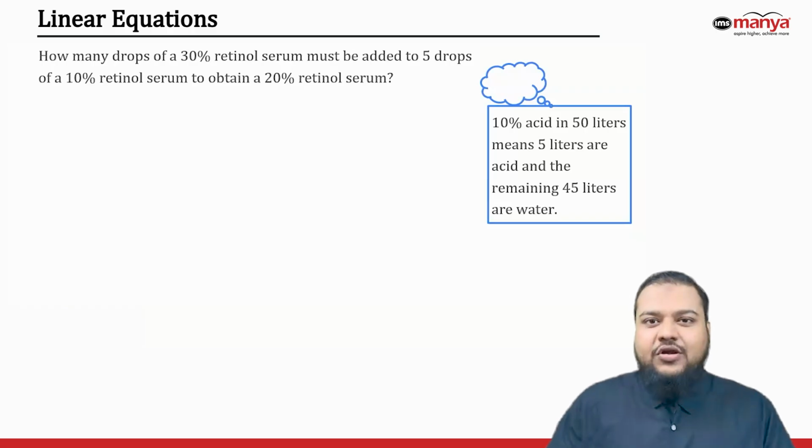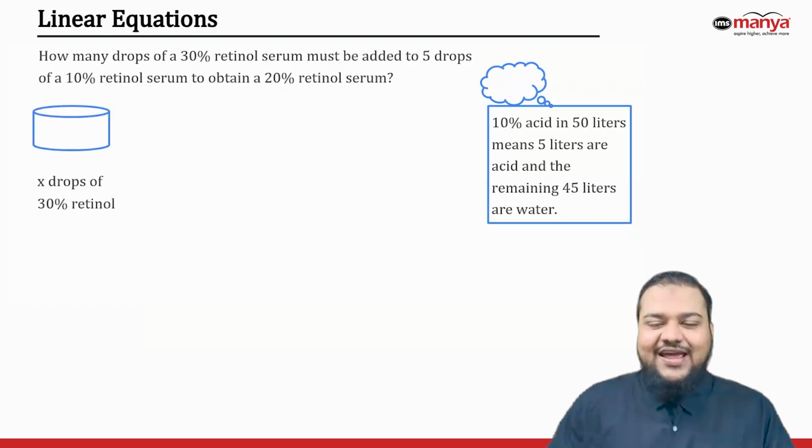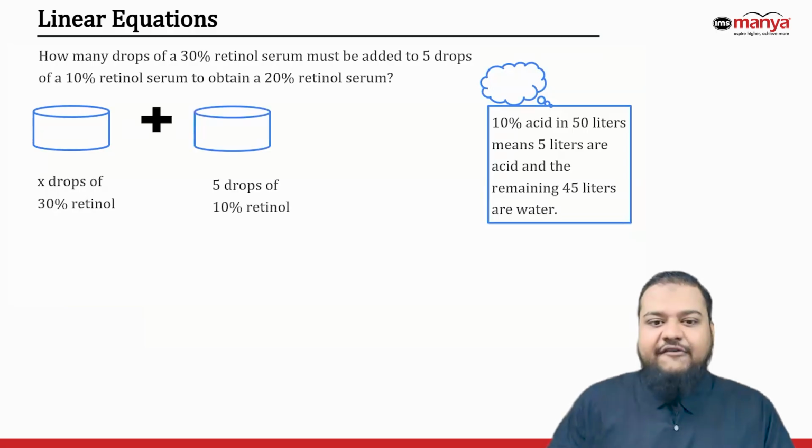Now let me draw the vessel for you. Okay, so vessel A has 30% retinol. It means that whatever drops are there in vessel A, out of those drops, 30% are retinol. In vessel B, we have 5 drops and 10% retinol.